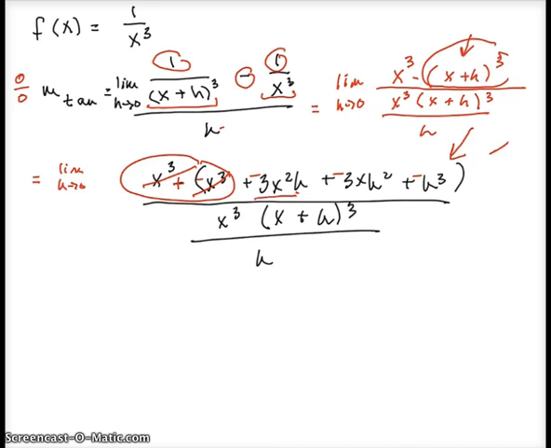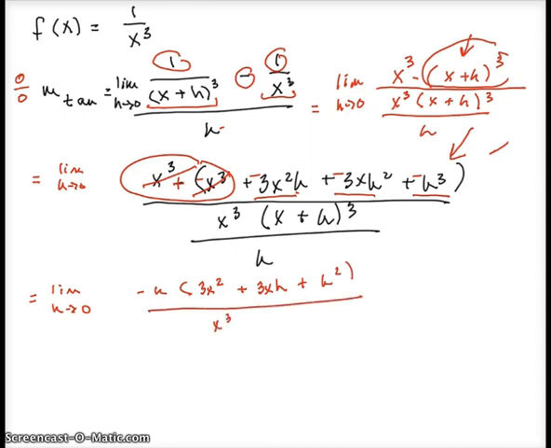So I have to still look for more opportunities to cancel a common factor. I notice that these three terms all have a GCF of -h. So at this time, I will factor out -h. And that leaves me with 3x squared plus 3xh plus h squared, all divided by x cubed times x plus h to the third.